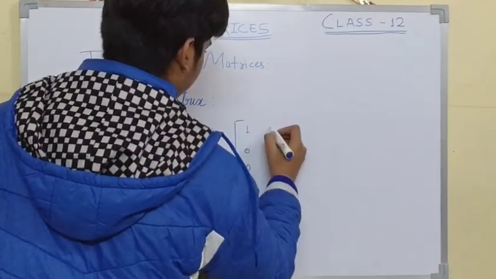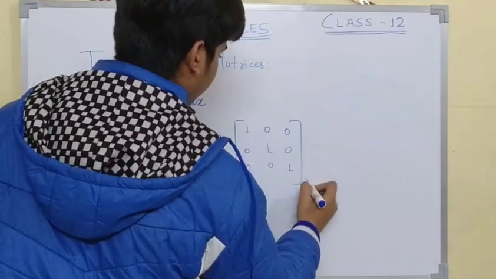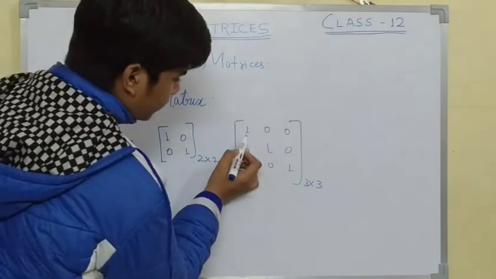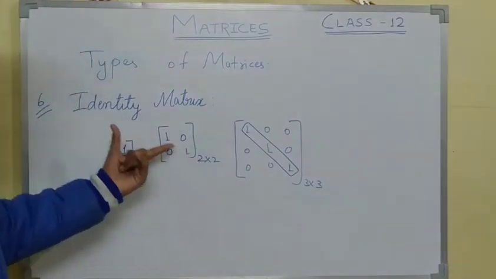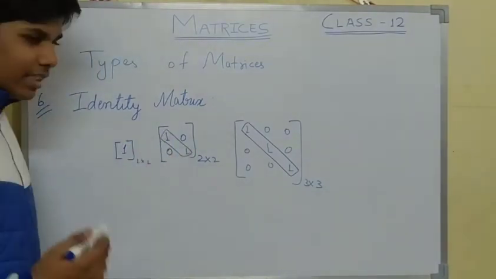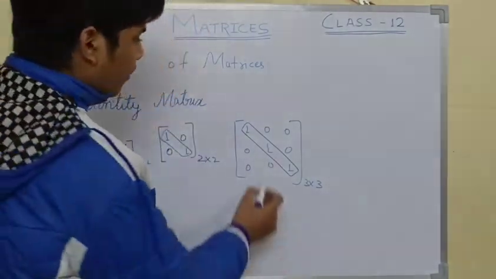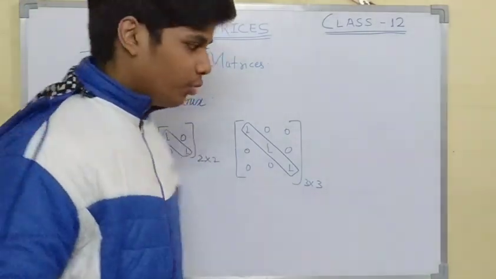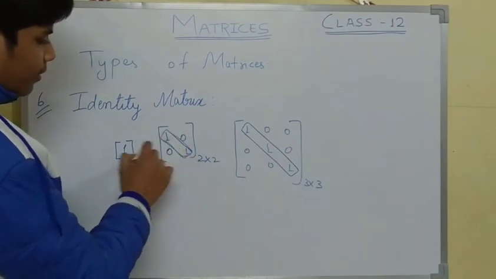And this is an identity matrix of order 3. In an identity matrix, we have to keep only 1 diagonally. This is also a type of diagonal matrix, but diagonally only 1 is present. In a scalar matrix, any number can be present, but all the numbers should be equal. In a diagonal matrix, any numbers can be present irrespective of their values. In an identity matrix, only 1 should be present and the rest of the elements should be 0.